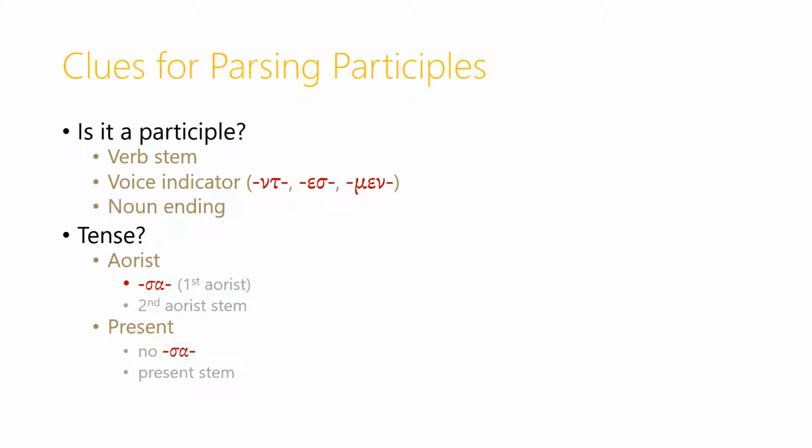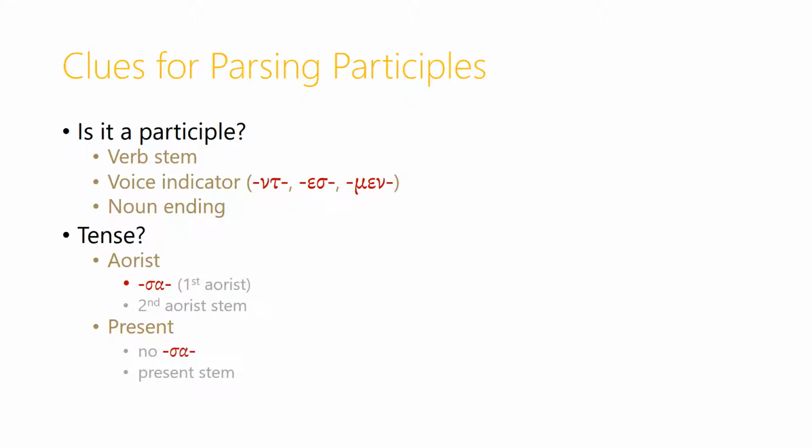What tense is it? Well, if it's aorist tense, we're going to see some sort of sa combination, the sigma tense marker with an alpha connecting vowel. And if it's second aorist, we're going to see the second aorist stem. So as soon as you see ape, epsilon iota p, we recognize, this is a second aorist form from lego.